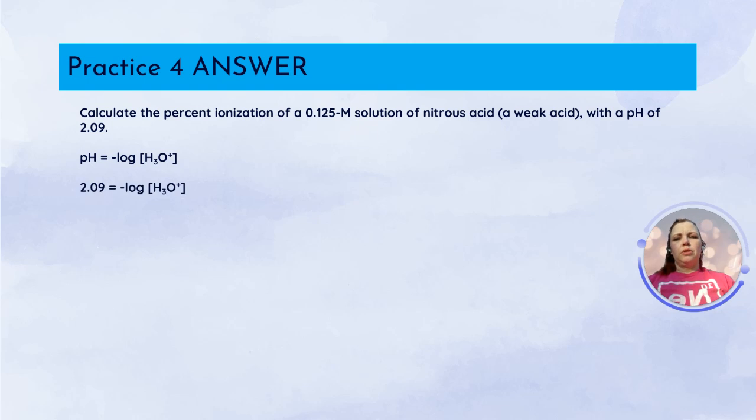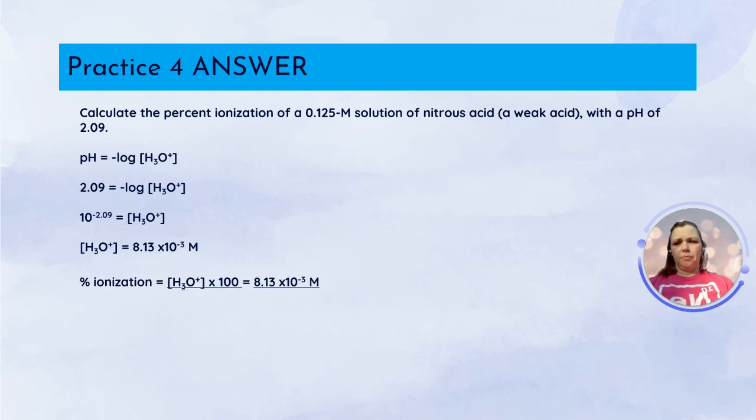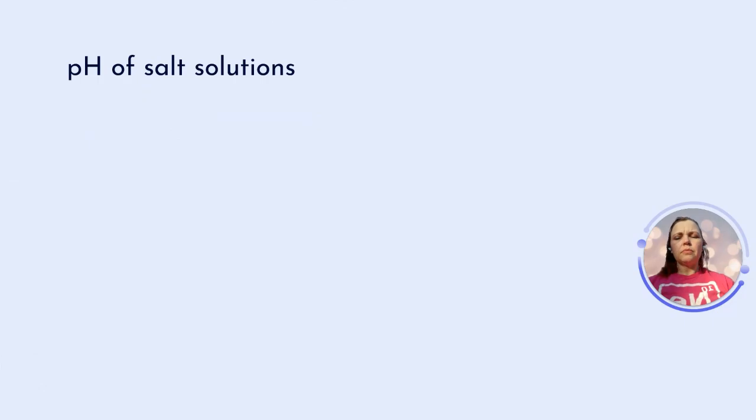So we're going to plug in for our pH, rearrange, and solve for H3O+, which is 8.13 times 10 to the negative third. Then you're going to divide by the initial, which is 0.125, and multiply by 100, and you're going to get 6.5% ionized, which sounds about right for a weak acid. Most weak acids and bases dissociate less than 10% a lot of the time.